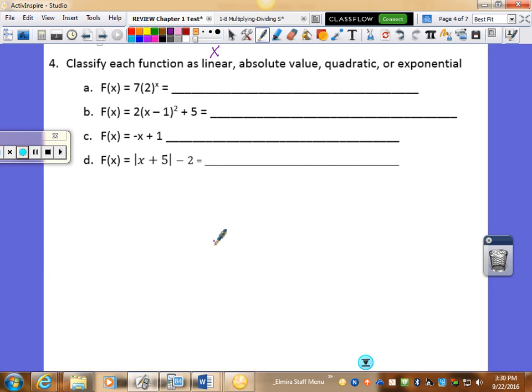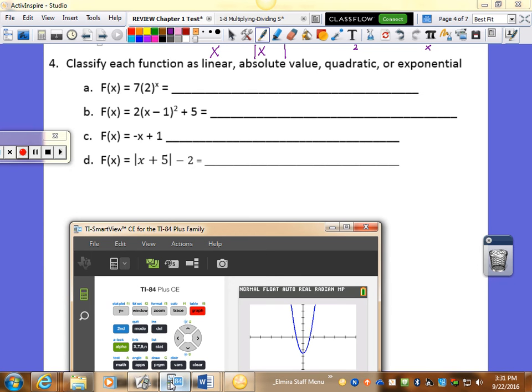Okay, if you saw an absolute value symbol, an x, and there could be other numbers around it, but if you see x within absolute value signs anywhere, that would be an absolute value function. Okay, quadratic, if you see an exponent of 2, anything with an exponent of 2 is quadratic, and anything with an exponent of x is exponential. I would love for you to know that. Okay? But if you don't, that's totally fine.